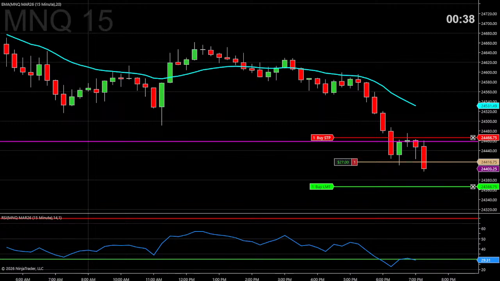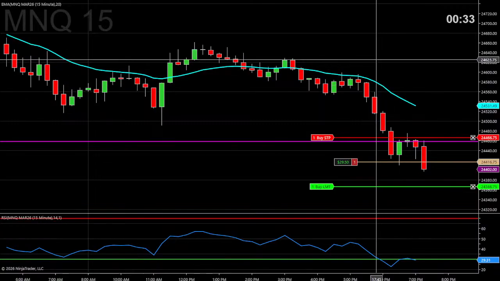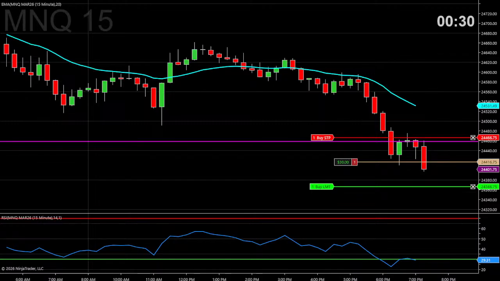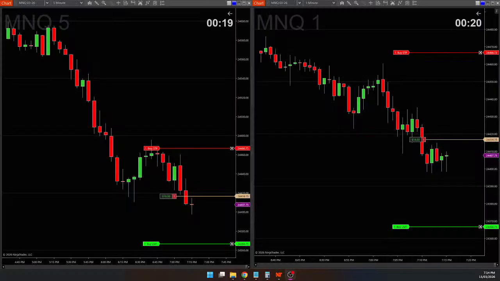That was good. Gold's looking decent. It's peaked into the 40s a bit.